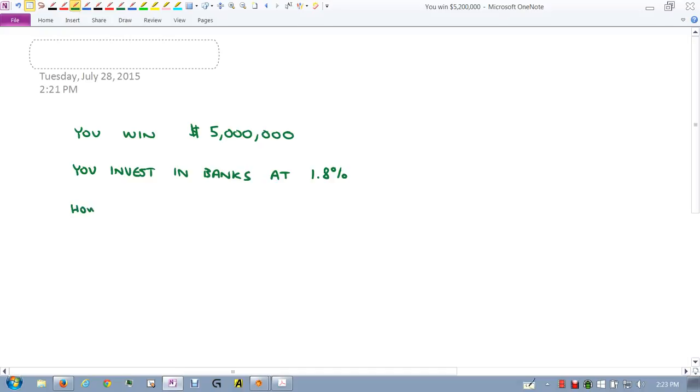How much do you have after 1 year if continuously compounded interest?